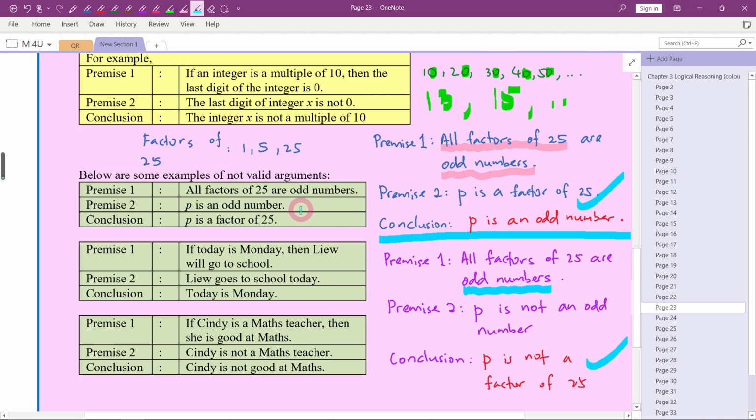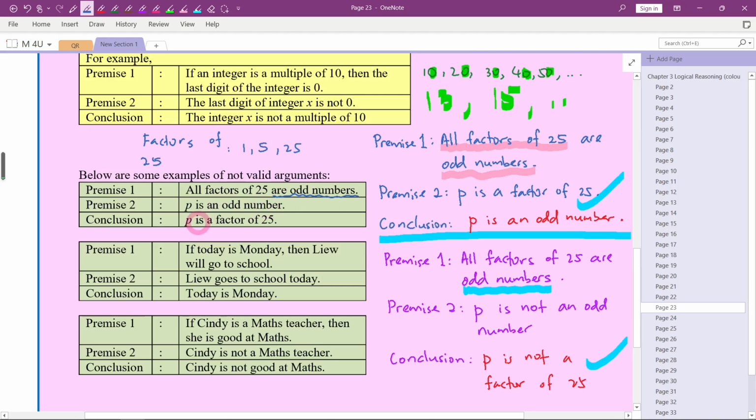But if you form it this way, this is an invalid form of deductive argument. Let's look at this. All factors of 25 are odd numbers. So the premise 2 tells us that P is an odd number. You notice that the premise 2 is talking about the back part, but it just follows it. P is an odd number.